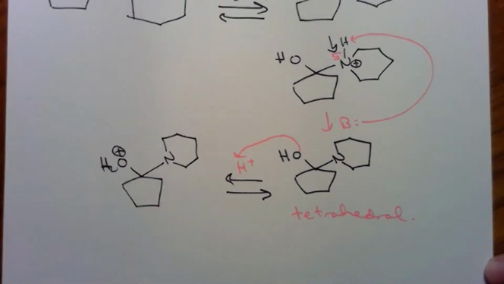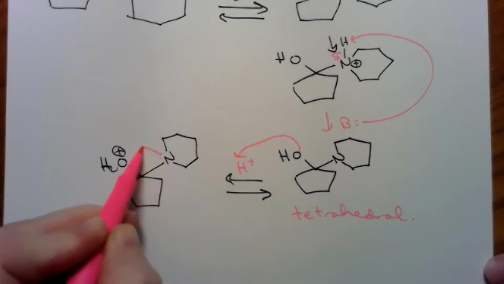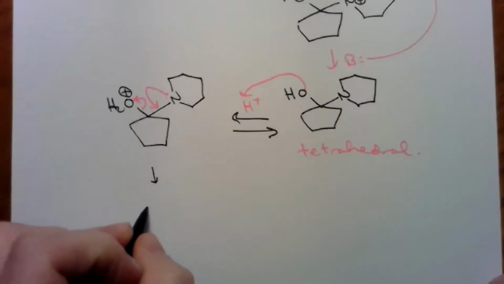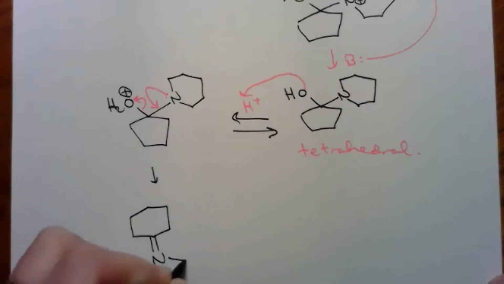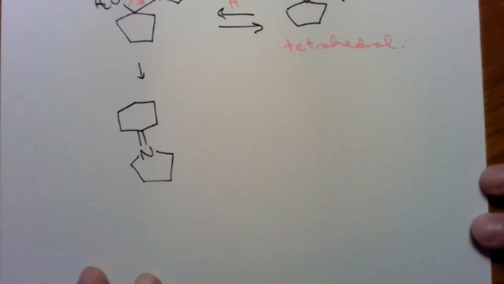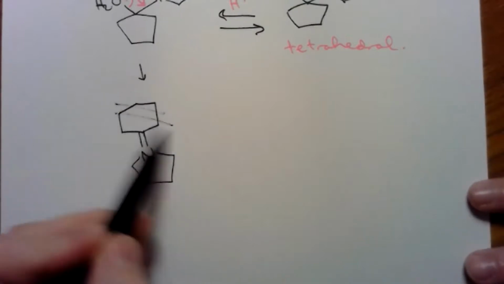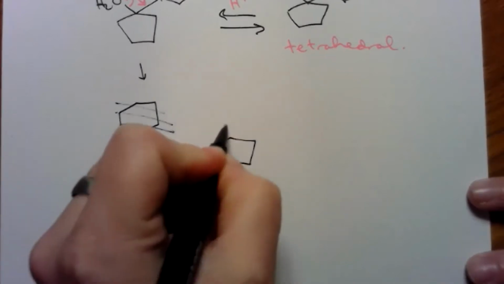And then hopefully you can guess it. What comes next is one of the two non-proton transfer steps. Fold down and kick out my leaving group. And I get here. Dang it, I'm half asleep. My nitrogen's in the wrong spot. I get here.